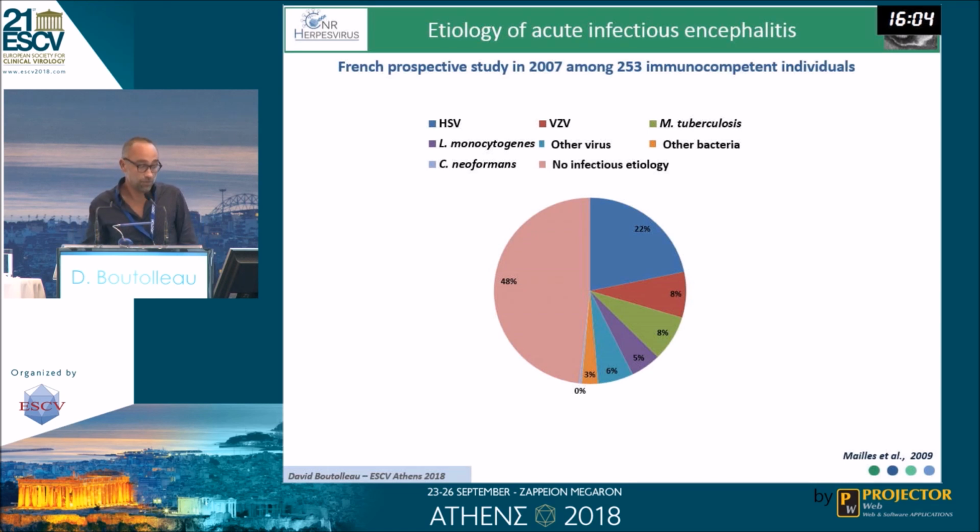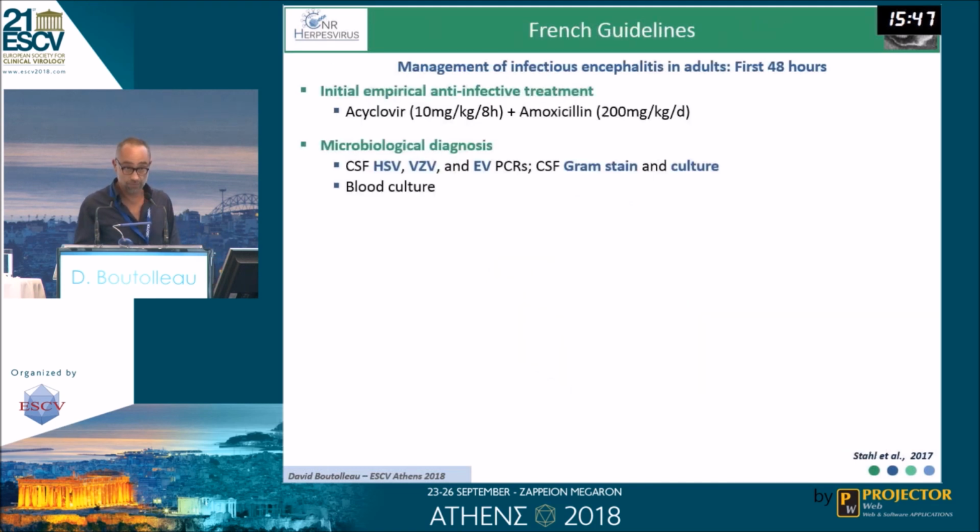Regarding the bacteria, Mycobacterium tuberculosis and Listeria were just after. But you have to see that in this study, almost half of the encephalitis cases remained without any etiology. According to these results, some French guidelines were proposed at the end of last year for the management of infectious encephalitis in adults.